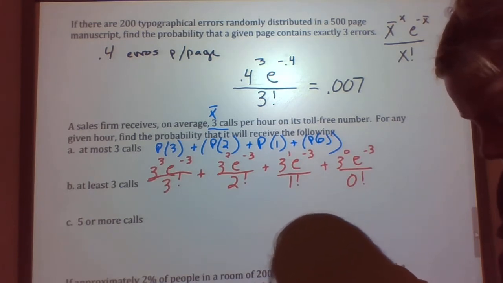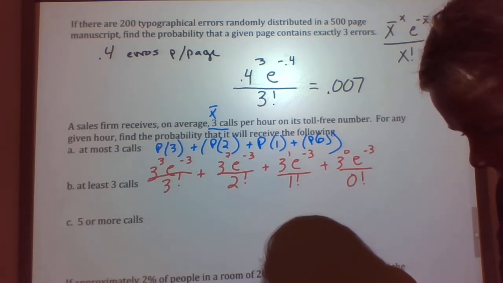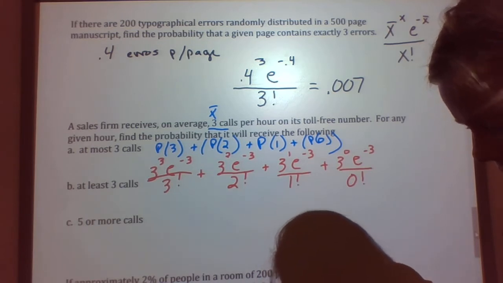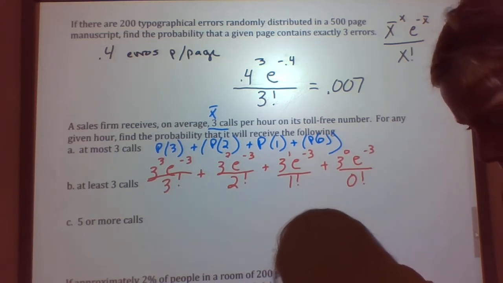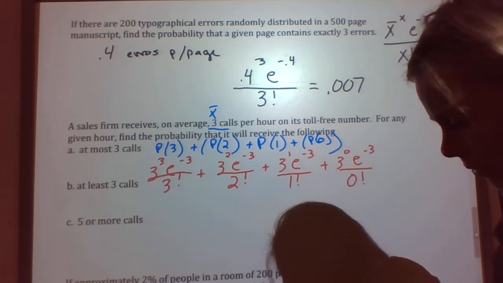So 3 to the third times e to the negative 3 divided by 6 again, since 3 factorial is 6, gives 0.224.